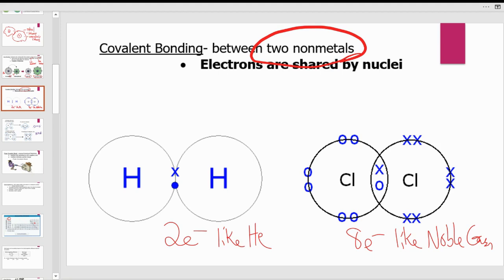But even in ionic bonding, I'm stealing the electrons so that I look like a noble gas, and that results in the other element looking like a smaller noble gas. In covalent bonding, we're sharing to get to that because we're not strong enough to steal from each other. Like two bullies eyeing the same peanut butter sandwich. We're like, well, let's just share it.